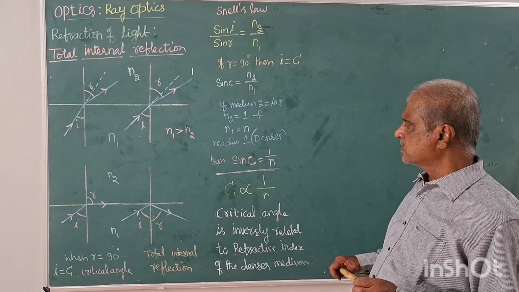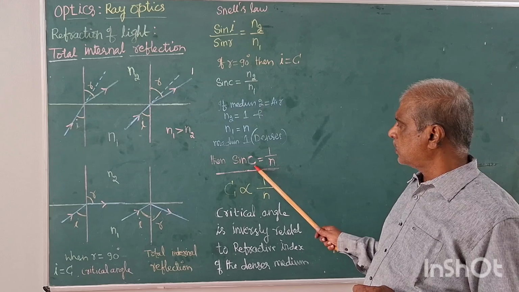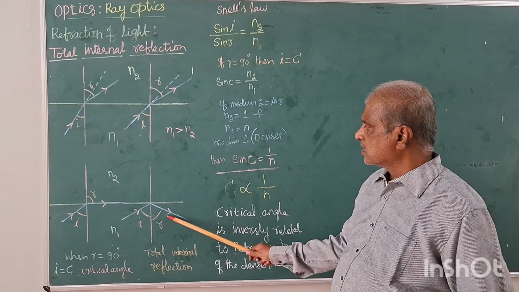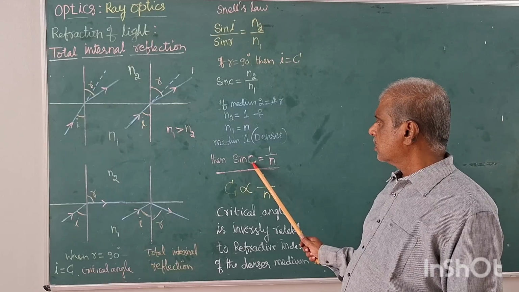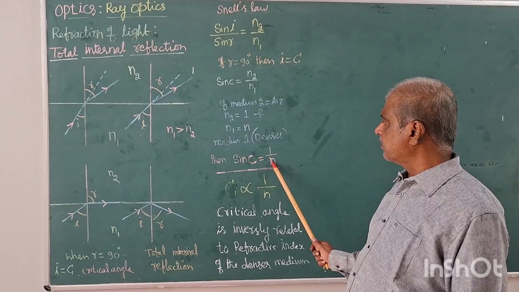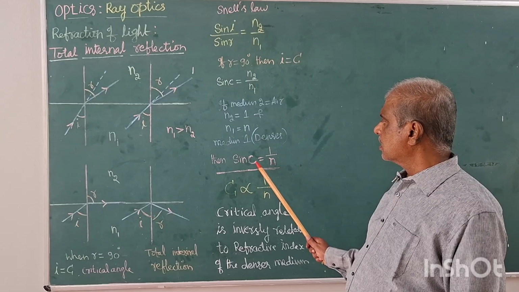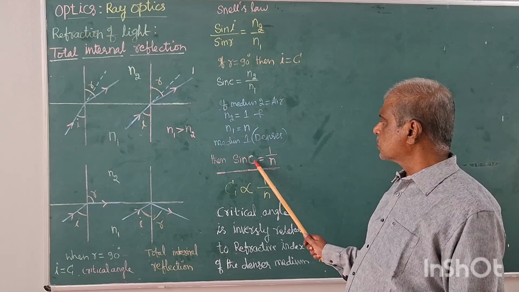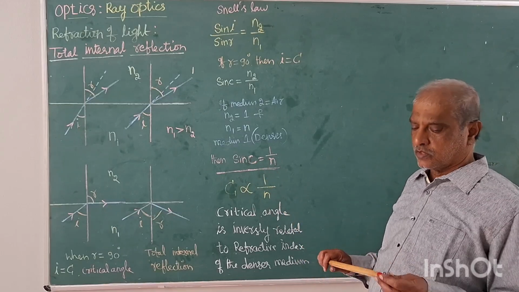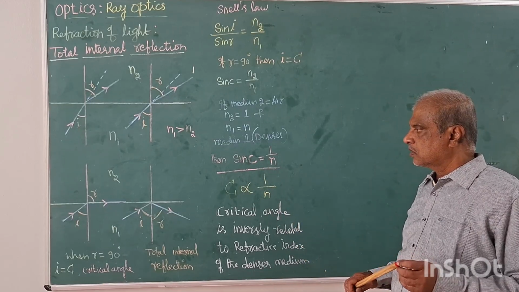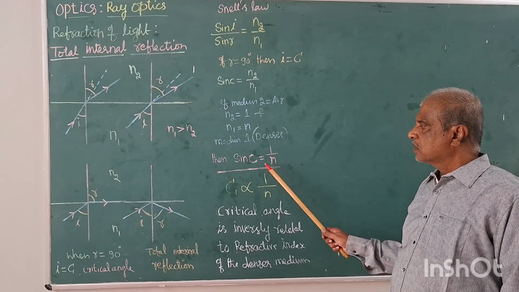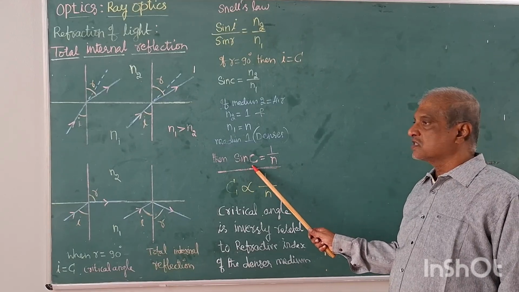If the angle of incidence exceeds this value, the ray undergoes total internal reflection like this. The critical angle is related to the refractive index of the denser medium, and these two are inversely related. If the refractive index increases, the sin C value decreases.